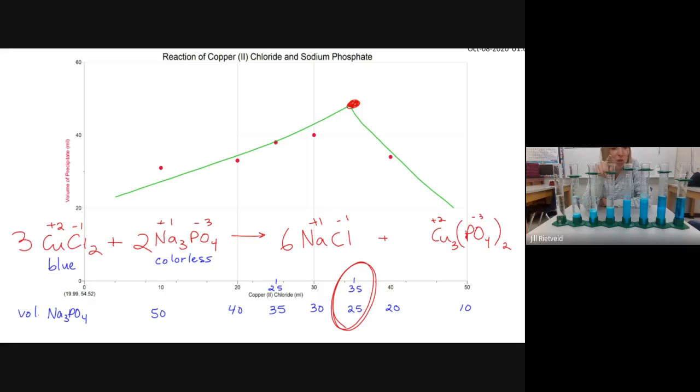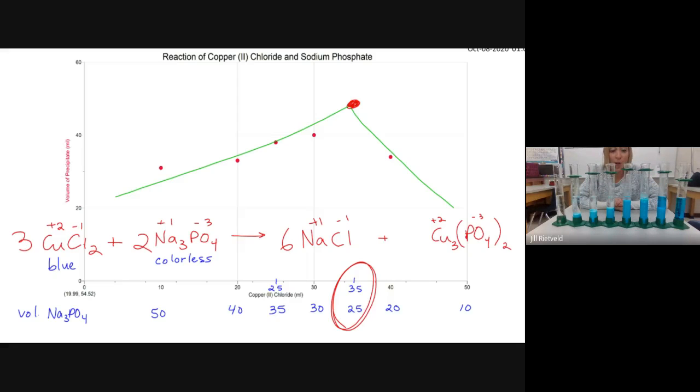This guy was 25 milliliters of copper chloride, 35 milliliters of sodium phosphate. This guy was 30-30, so equal volumes. Then this one was 35 milliliters of copper chloride, 25 milliliters of sodium phosphate. And then this one was 40 milliliters of copper chloride and 20 milliliters of sodium phosphate, and so on.